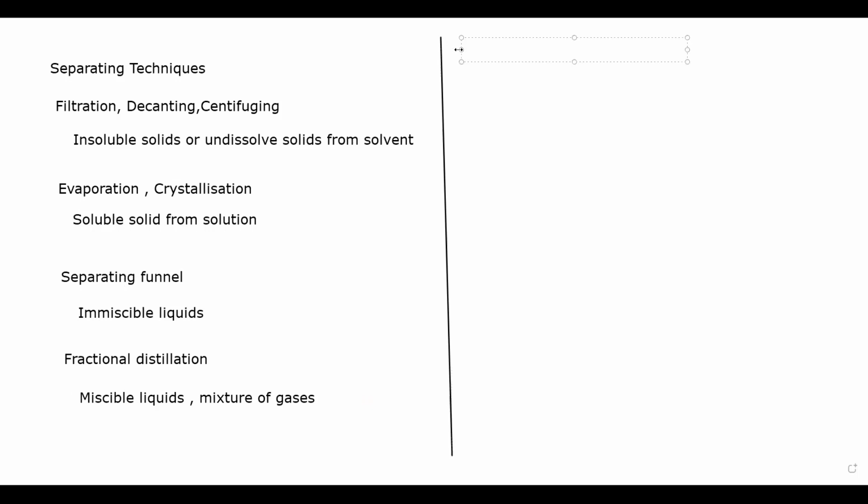And I want participation from everyone. So you can use the chat to state the answer for this activity. Purification or separation, that's the same thing.